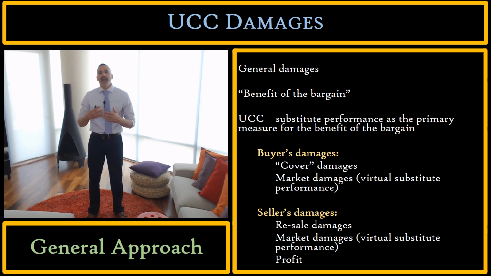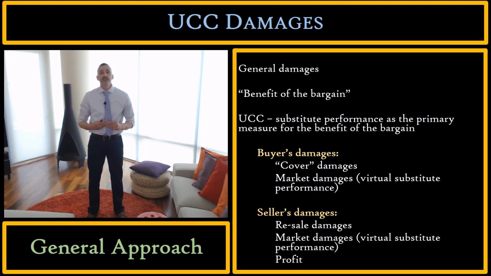Or if buyer doesn't actually go out and cover and get those goods, we will use virtual cover, which we call market damages. So we look at the market price. What would buyer pay to get those goods from another source? So for buyer, to measure buyer's damages when seller is in breach of the contract, we look at cover damages, the cost of getting those goods from another source, or we look at market damages, the virtual cost of getting those goods from another source.